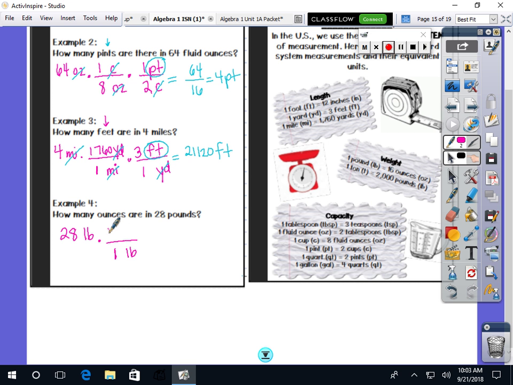So now we can stop our chain because we've made it to ounces. That was our goal. Pounds and pounds cancel each other out, leaving 28 times 16 in the numerator, which is 448, and then only 1 in the denominator, which you don't have to write, and that's ounces.